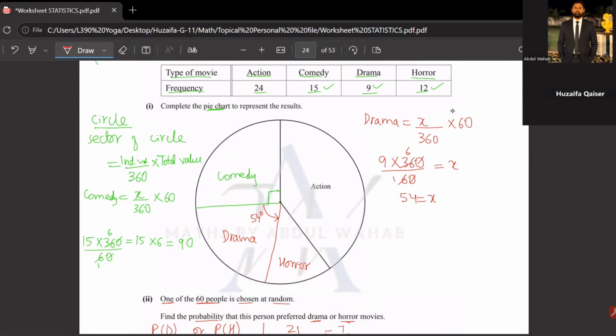Individual value means the individual sector, the part of the circle which you need to find, and the value of that particular sector is already given to you. We just use the concept of that formula here. We are not using exactly the values or the other things here. Is that okay? Sir, scroll down.